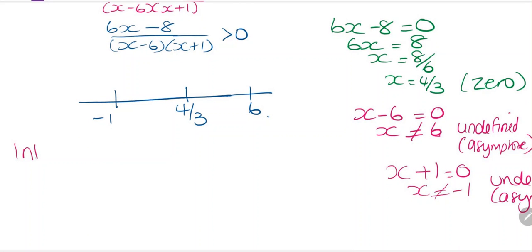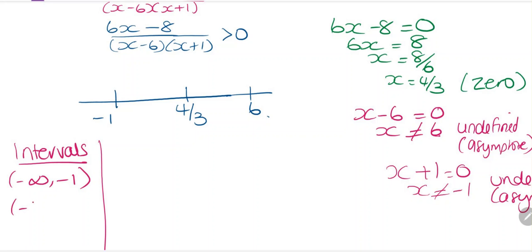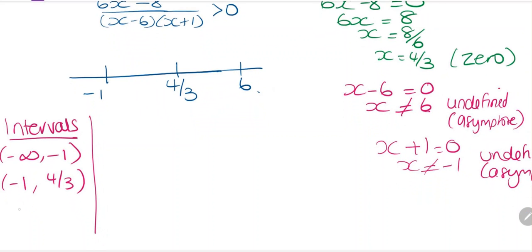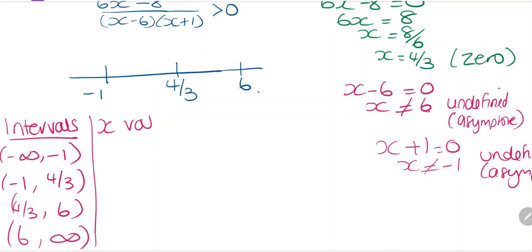So our intervals, so we're going to have minus infinity to minus 1, minus 1 to 4 over 3. We'll have 4 over 3 to 6, and then we'll have 6 to positive infinity. X values.